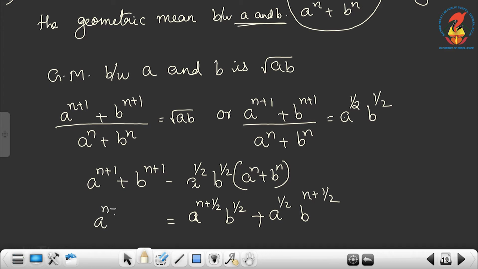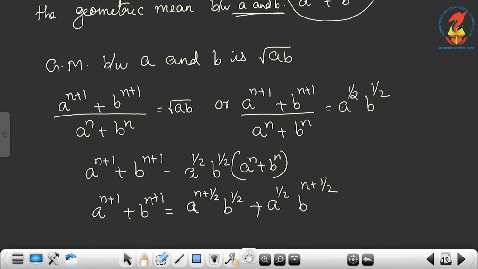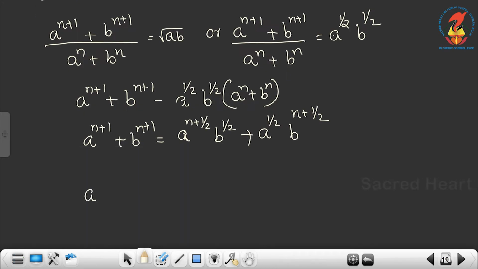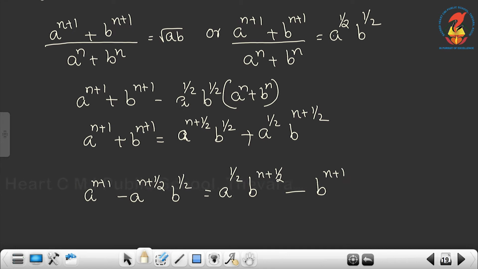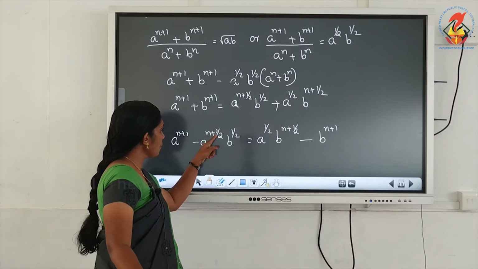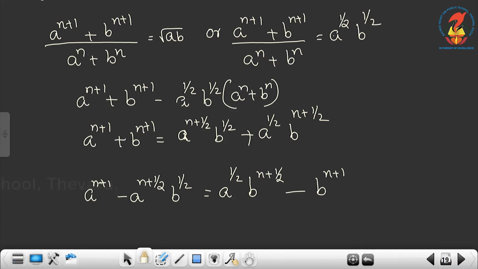Here left side a raised to n plus 1 plus b raised to n plus 1. Then a raised to n plus 1, I take this term to left side. Is equal to a raised to half b raised to n plus 1 by 2 minus, here what is the common? a raised to n plus half and n plus 1.